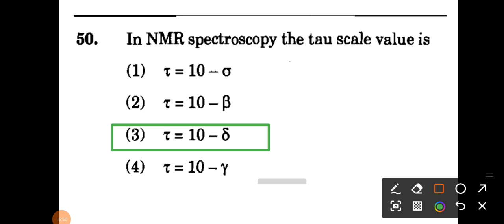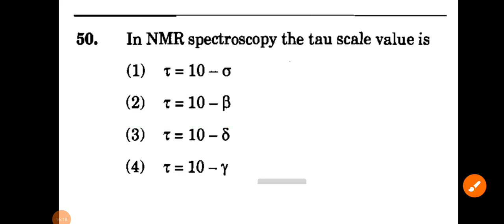Delta is nothing but the chemical shift. Chemical shift is expressed in two different forms, delta and tau, and the formula for tau is 10 minus delta. For proton NMR, the delta value is 0 to 12 ppm, and for carbon NMR, or C13 NMR, the delta value ranges from 0 to 200 ppm. That is the difference here.